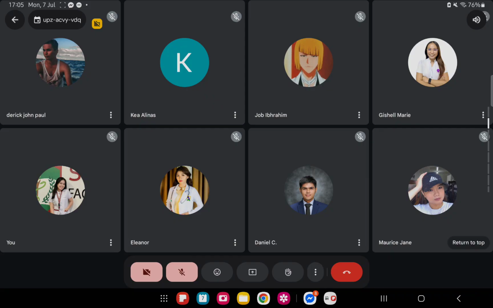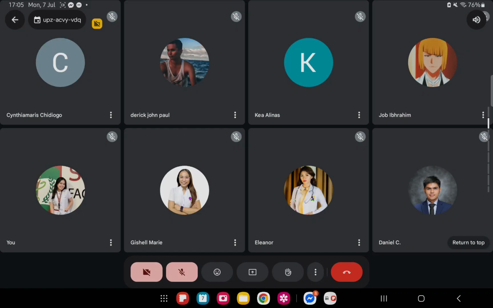So the patient has bitemporal field loss, can't count your fingers at both temporal areas. Or for this bottom picture, the patient can't count your fingers on both na side to right.